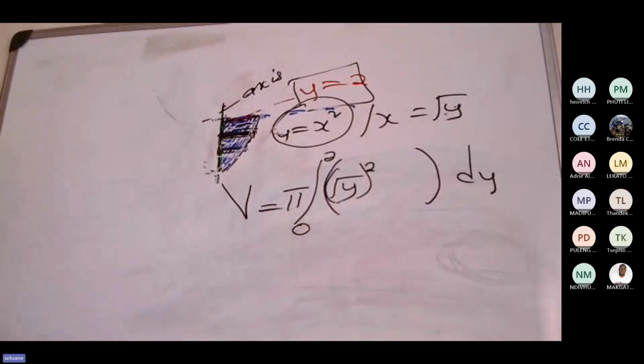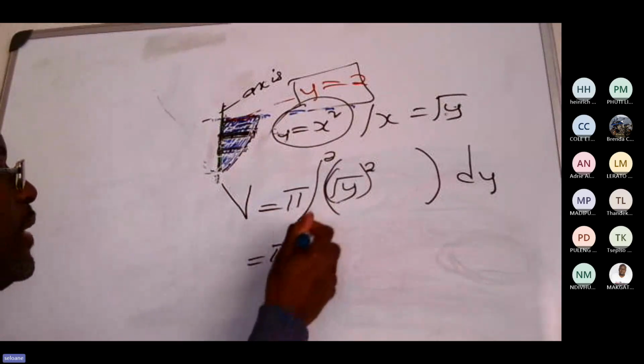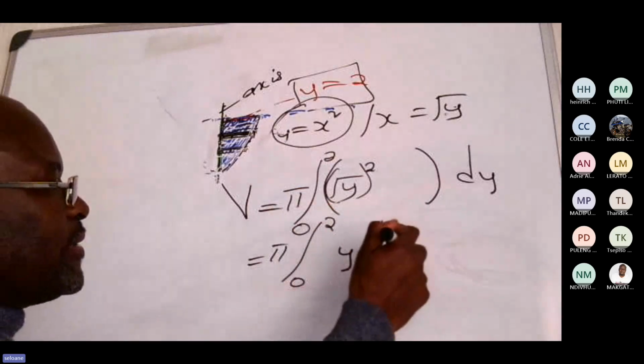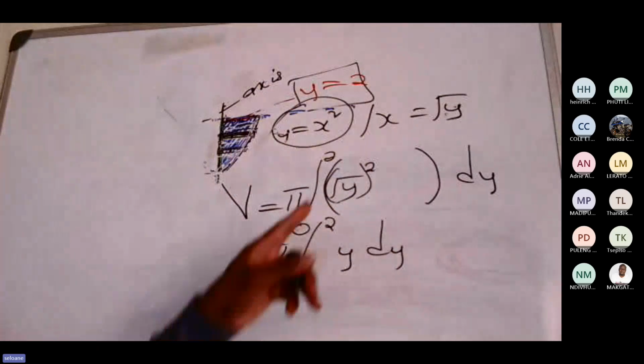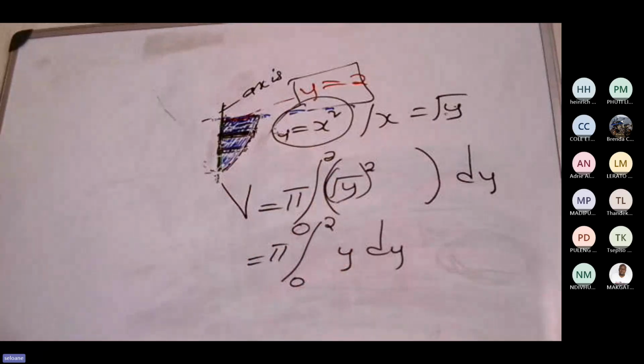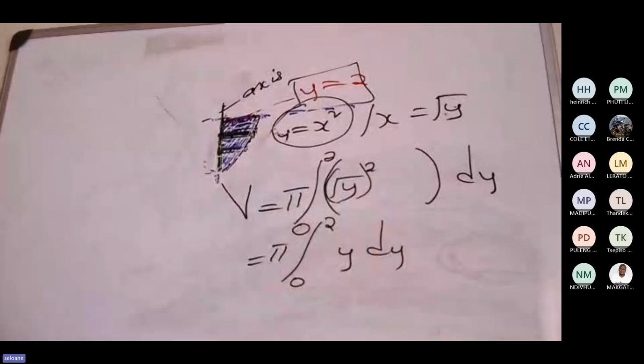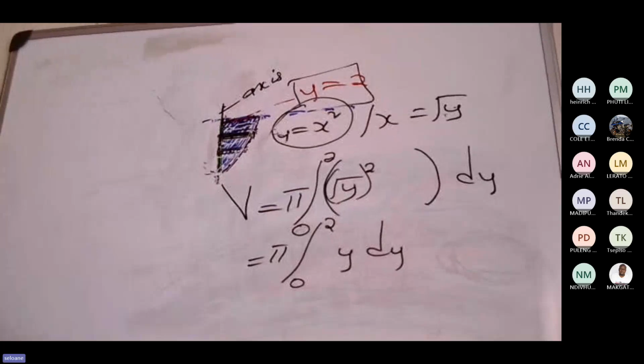Everybody, including myself, can integrate this because the integral here is just this. You get an answer because the square root of y squared is just y. Then you integrate this and you get an answer. Hopefully that makes sense. Does it make sense? Yes, it does.